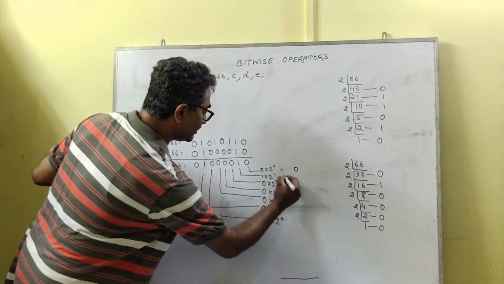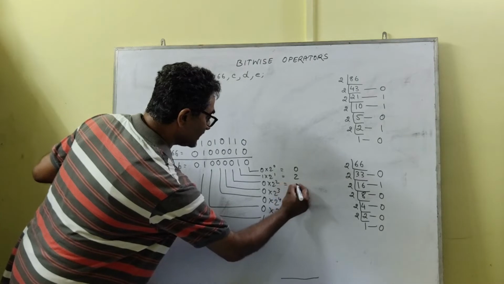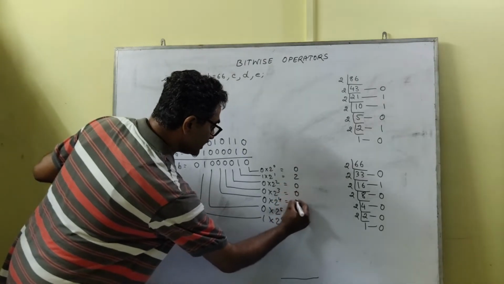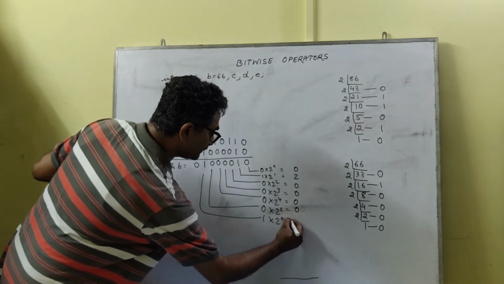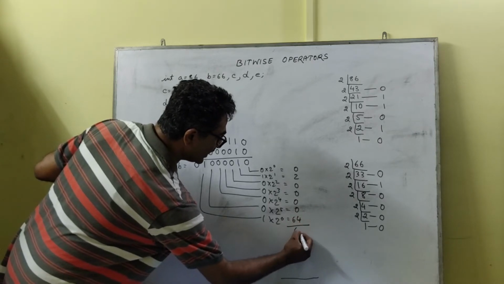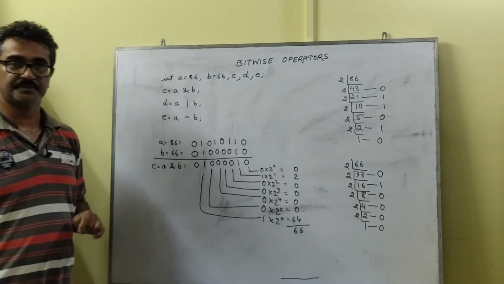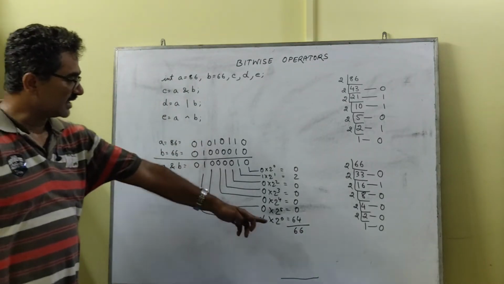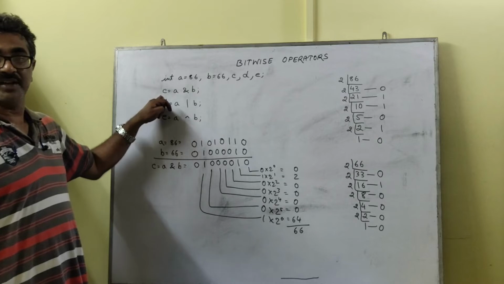So this happens to be 0, this is 2, then 0, 0, 0, 0, and this is 64. When we add this all up, we get 66. So 66 gets stored inside the variable C.